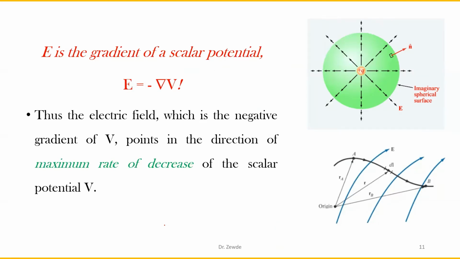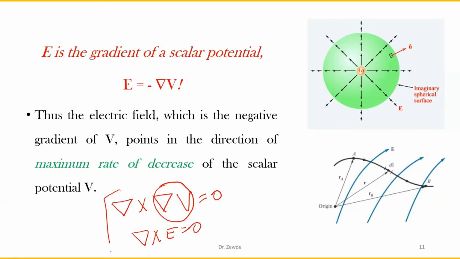There is a mathematical expression that says the curl of the gradient of any scalar is 0. So where V is the scalar potential, the gradient of V is, in this case, E. So the curl of E is 0, and this is true.